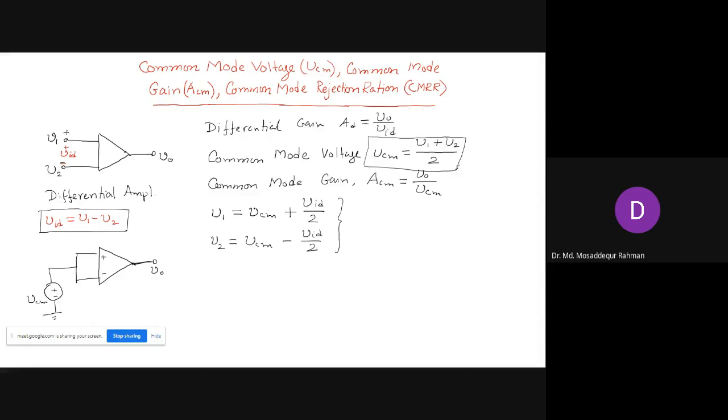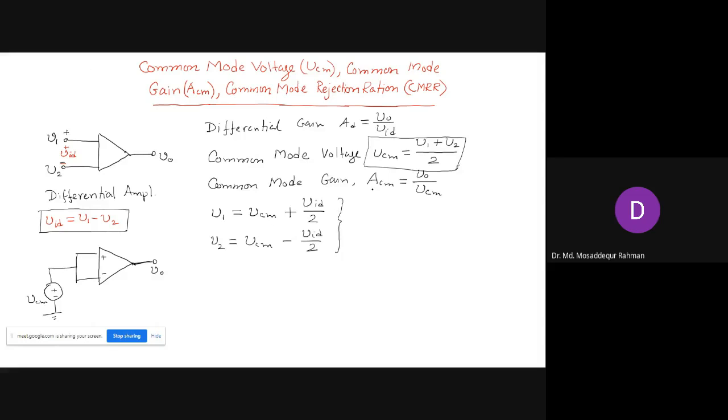From this you can easily get back to this. You take V1 minus V2, and that will give you VID, because it's half VID minus minus half VID. And if you add them up, the VID terms cancel out and you get VCM. So this is nothing but derived from these two expressions.